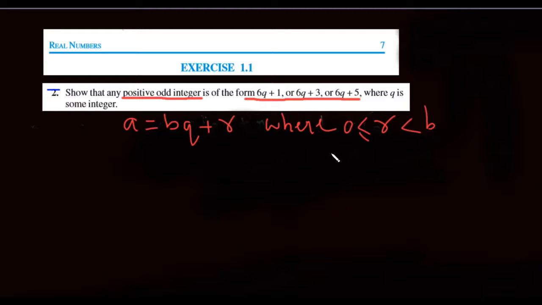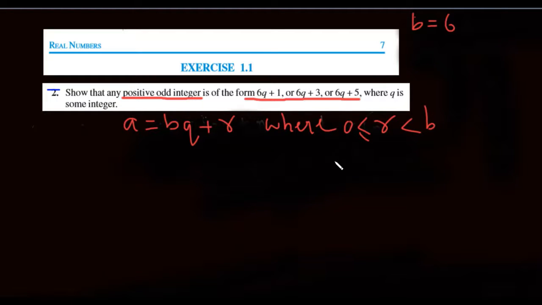Here, by comparing the equation, we can see that the value given for B is 6, because in each and every equation, in place of B, it is the 6 that is being repeated. So we can assume from the question itself that B is equal to 6.